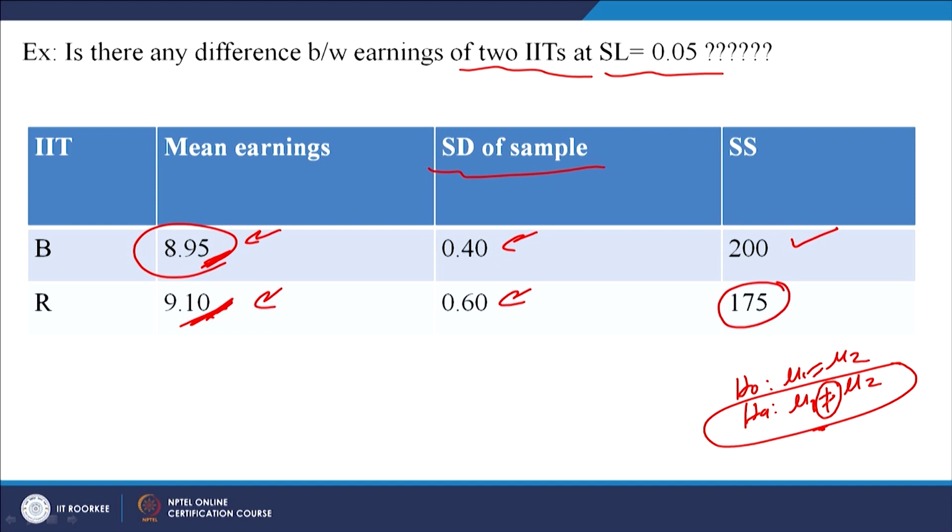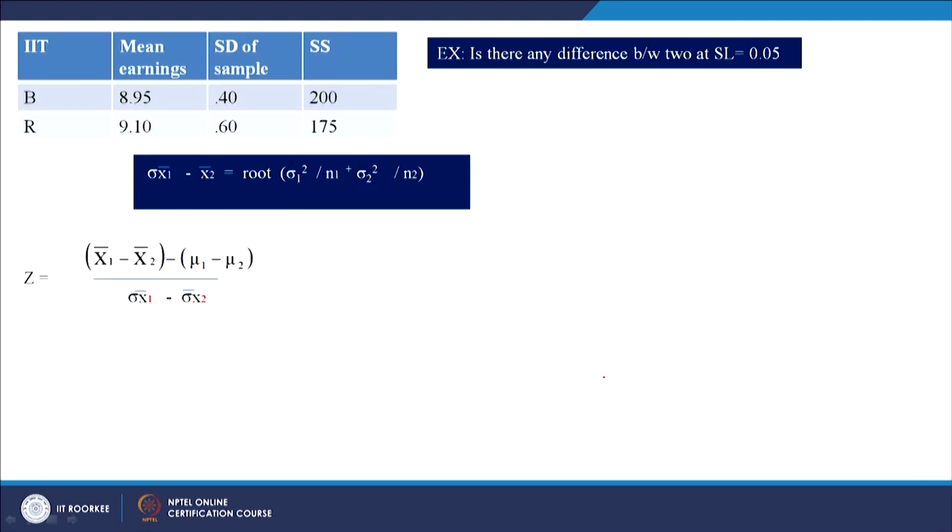So, we will have two rejection regions, and if you look at the sample sizes over here, both these sample sizes are more than 30, right. So, the appropriate statistic would be Z, right. When we apply Z statistics over here, this is how you can calculate it.